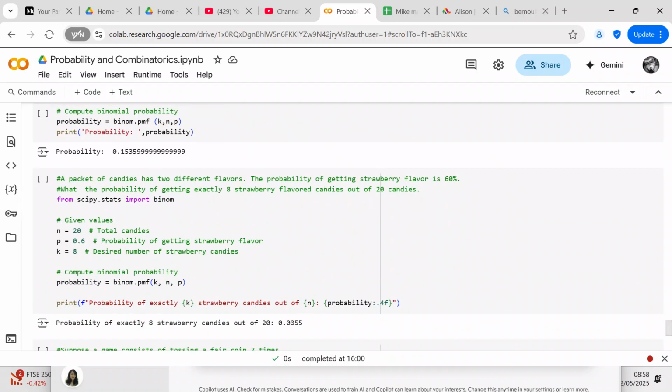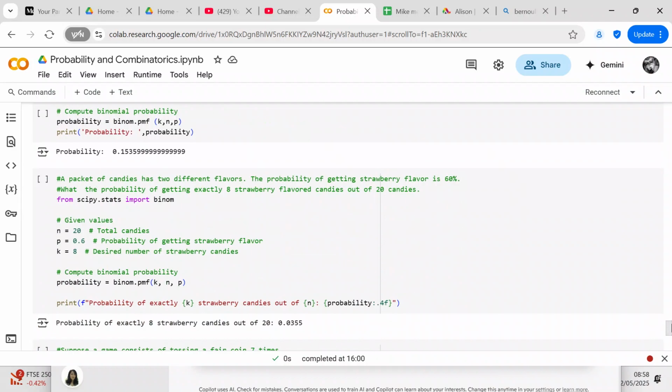The next question we have is, a packet of candies has 2 different flavors. The probability of getting strawberry flavor is 60%. What is the probability of getting exactly 8 strawberry flavors out of 20 candies? So the first thing we're going to do is import scipy. From scipy.stats, we're going to import binom.